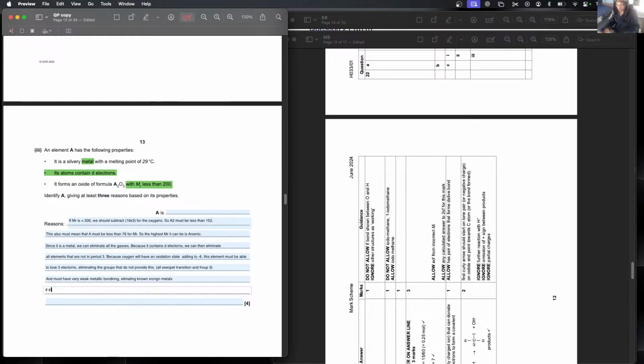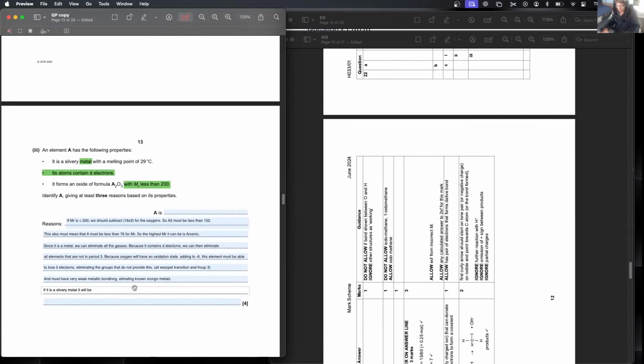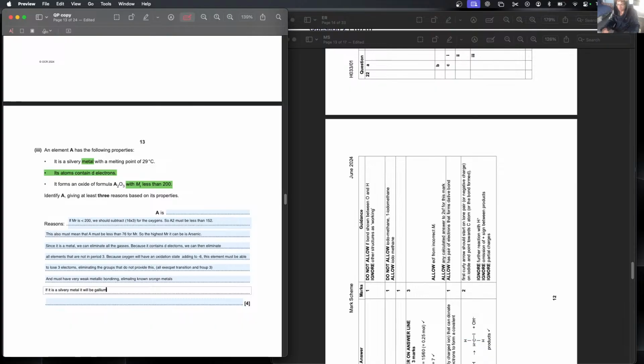So if it is a silvery metal, it will be gallium. I'm thinking, right, we are meant to know trends in groups, and I've narrowed it down to a group element or transitions.